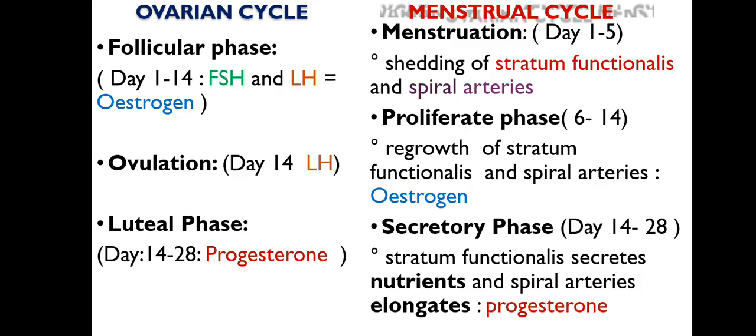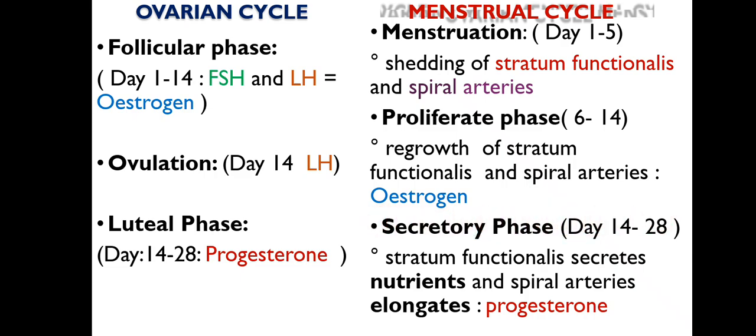So even the spiral arteries are going to elongate even more, making sure that blood flow to that environment is perfect. So that's what happens in the secretory phase. Okay, so there's menstruation, then from the menstrual cycle the preparative phase day 6 to day 14, and lastly the secretory phase from day 14 to day 28.